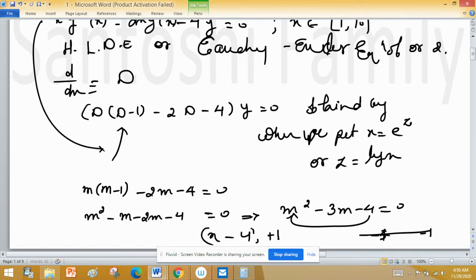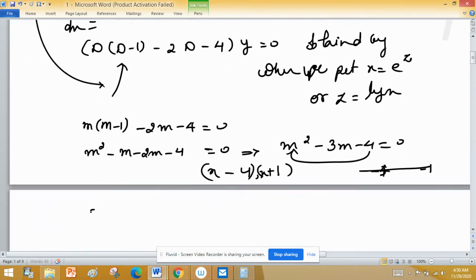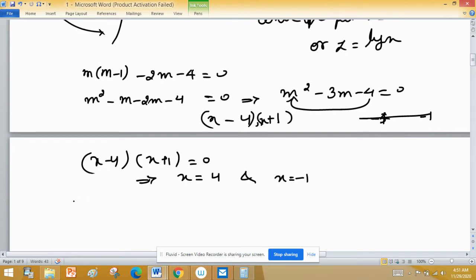It means (m − 4) and (m + 1) are factors. So (m − 4)(m + 1) = 0. This implies m equal to 4 and m equal to −1. So the roots are 4 and −1. These are the roots of this auxiliary equation.